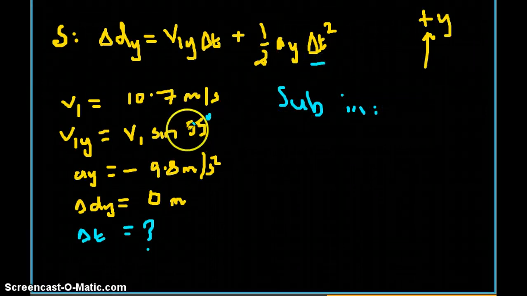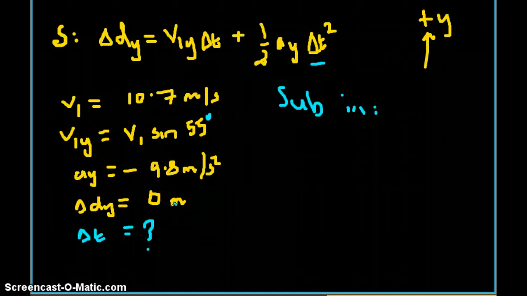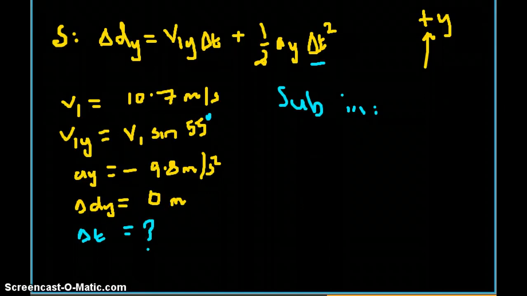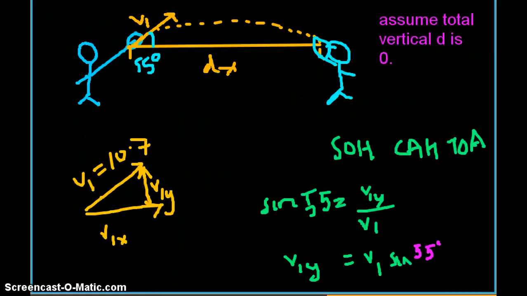Now a lot of you might be confused as to why I'm writing delta dy as 0. I did mention this in part 1, but I'll go through it again. I'm saying there's no change in position in the y direction because of the simple assumption that Drew Brees and Marquise Colston have the same height.